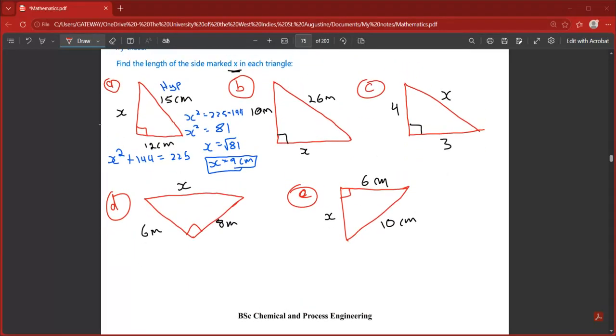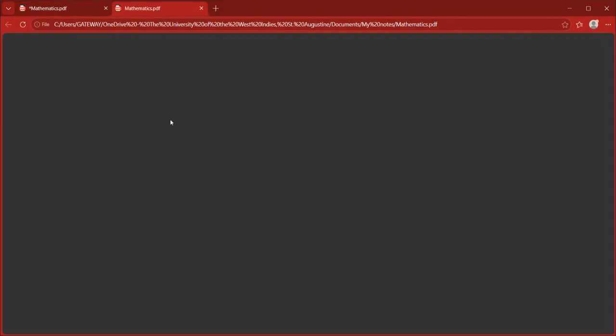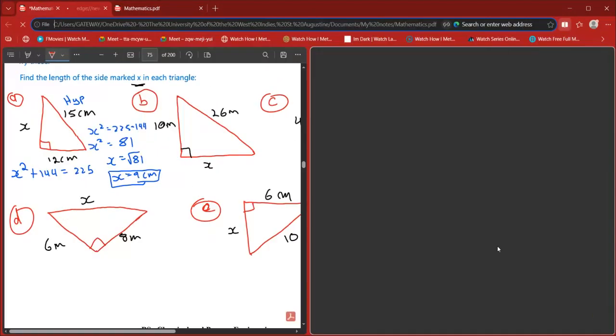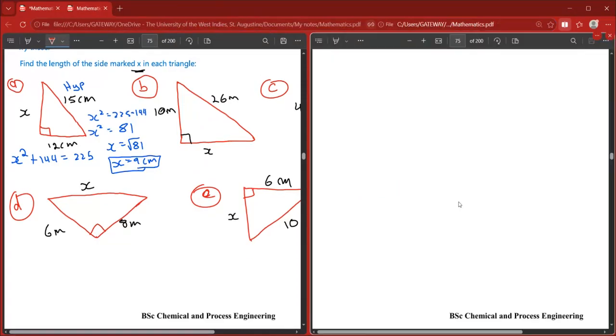For part B, you locate the hypotenuse, which in this case will be the 26.